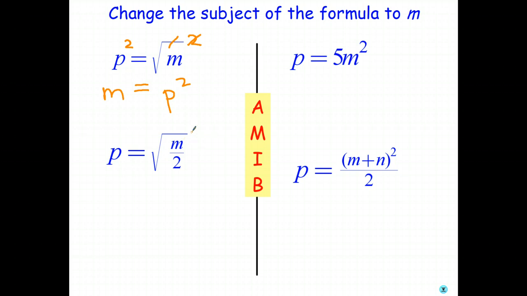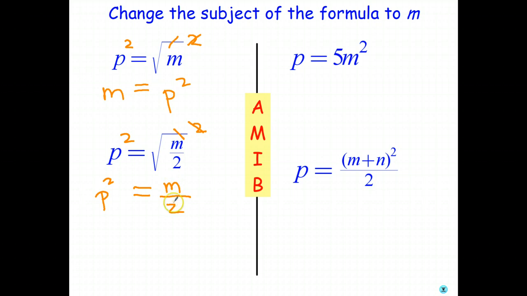So once again, I'm going to start by squaring both sides, and the reason is the square root and the squaring cancel out. That leaves just m over 2 on the right-hand side and p squared on the left-hand side.